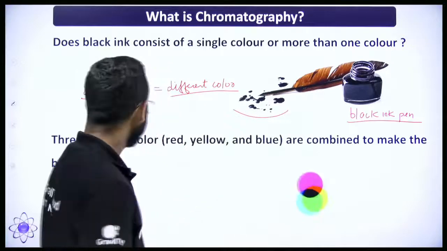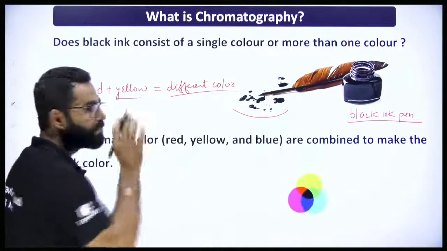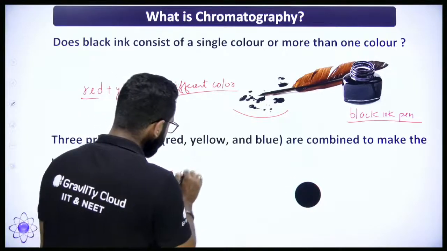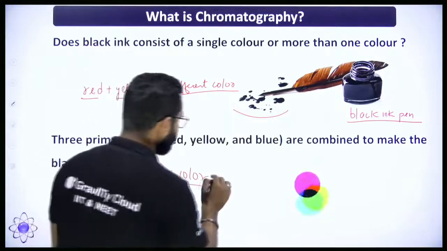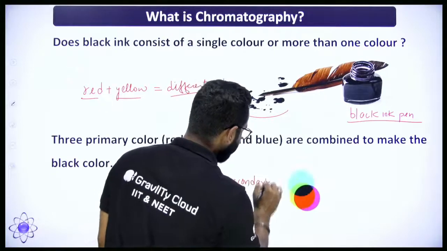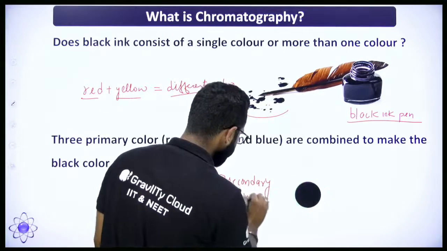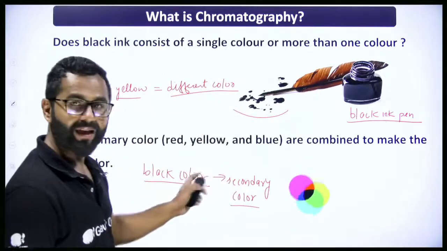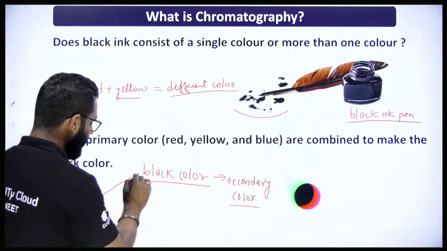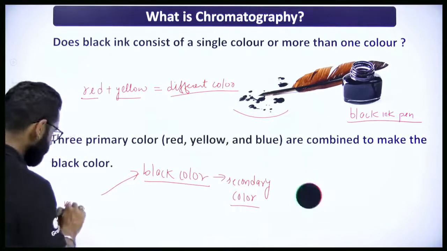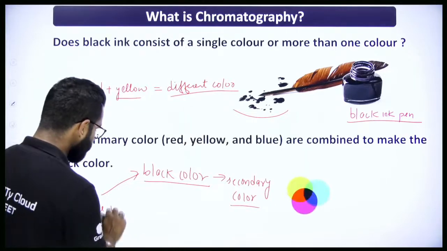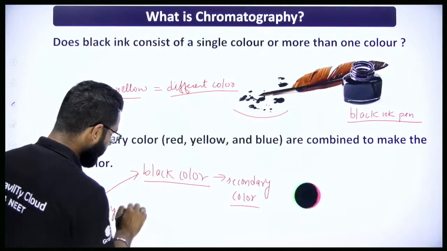How does it happen? Simple. See, the important thing is that black color is called a secondary color. How do we get the black color? We get the black color if we mix blue plus yellow and red.